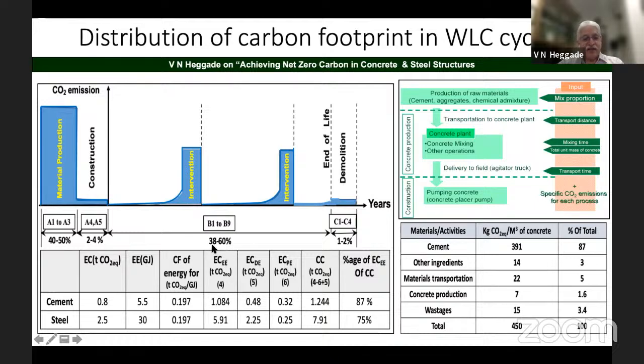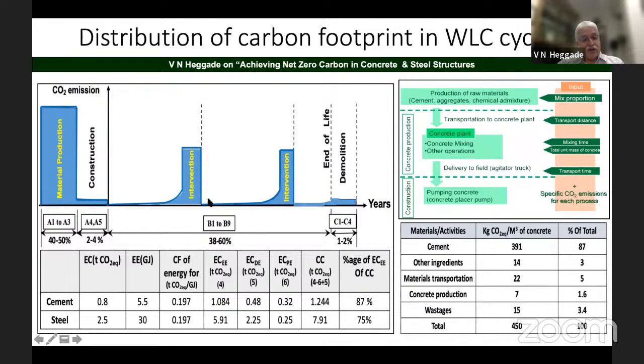As you can see here, 30 to 60%. And in the case of infrastructure, there is no operational carbon here. It's only this one. But in infrastructure, we have seen that bridges have to be replaced within 100 years, or 40, 50 years. There's again a spike in the repairs and rehabilitation of the infrastructure. Sometimes the bridges have to be replaced. That will again end up with a heavy spike in the carbon dioxide emission, as you can see here.